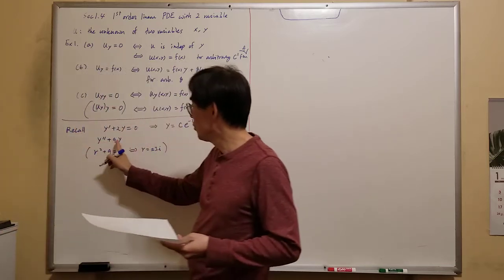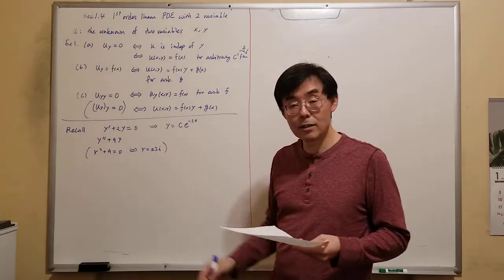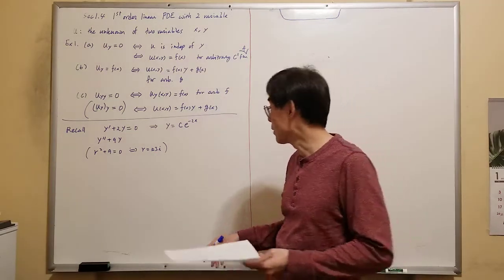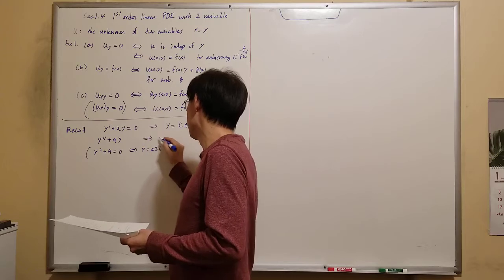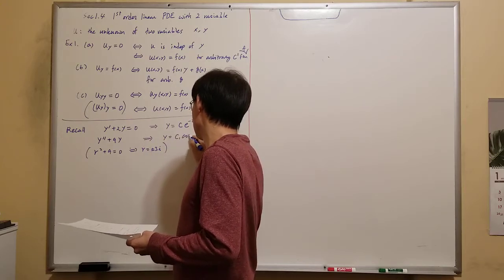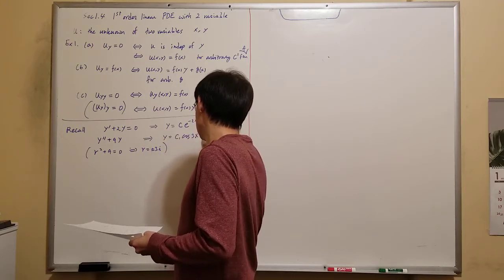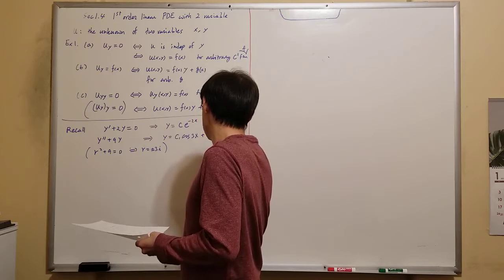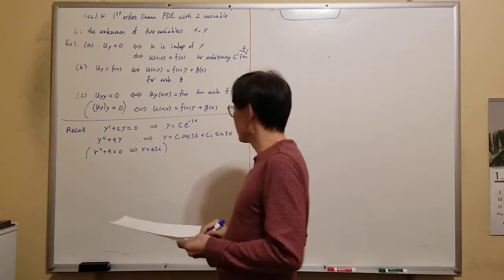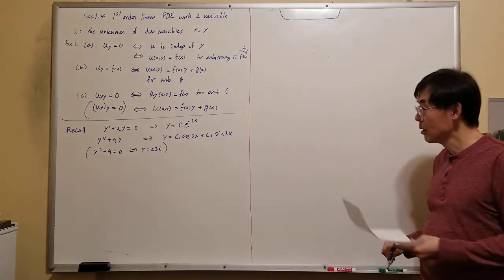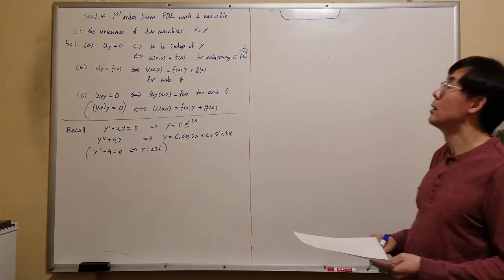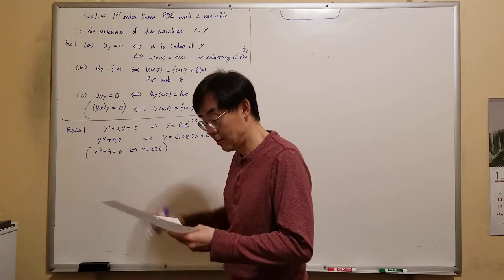So you come from e to the rx. When you have e to the 3ix, that would be cosine 3x and sine 3x. So this one will be c1 cosine of 3x plus another constant c2 sine of 3x, using the characteristic equation.